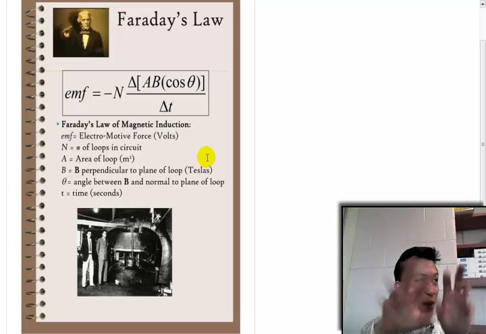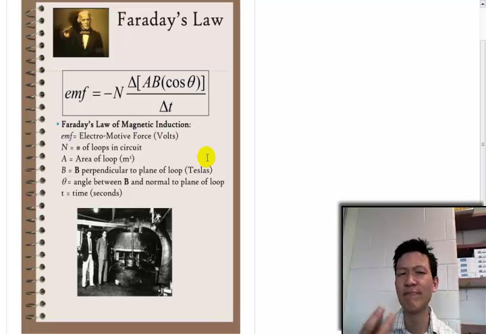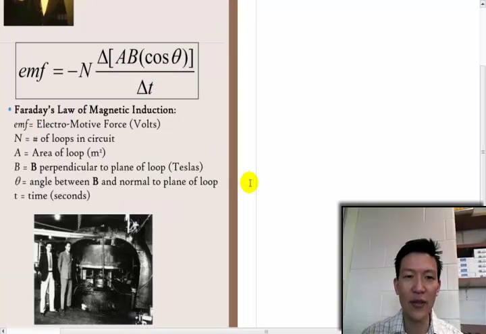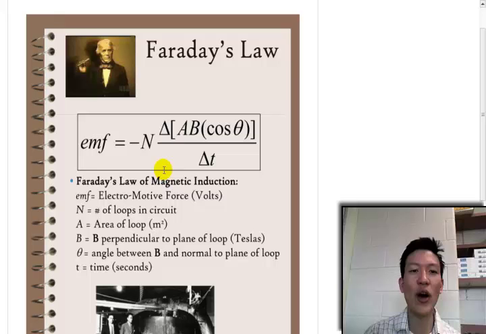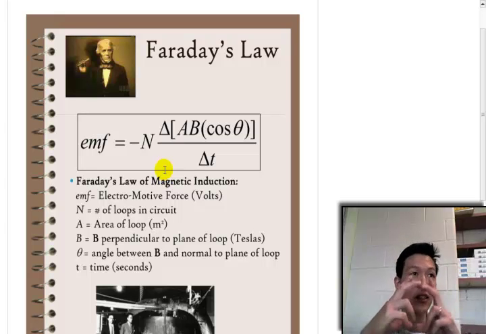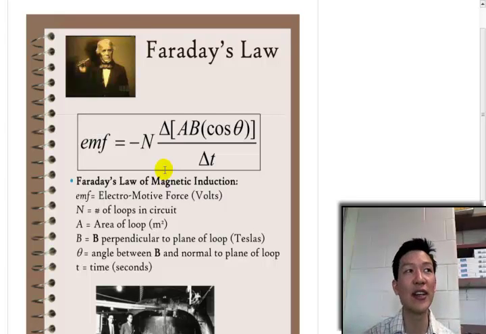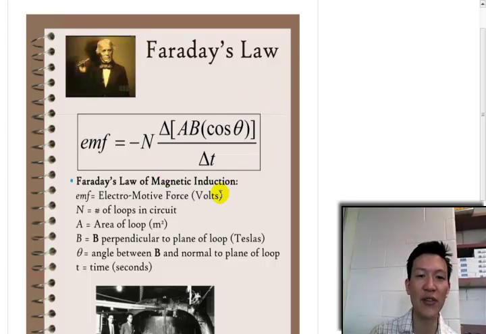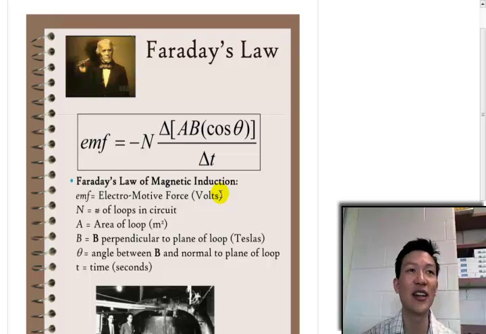Faraday's law looks really complicated, and it's actually not too bad if you break it down. Michael Faraday discovered, and he quantified it, so we give him credit, that if you change a magnetic field inside a conducting coil, you can generate what he called the electromotive force, an EMF. What he really discovered was that you could make voltage.